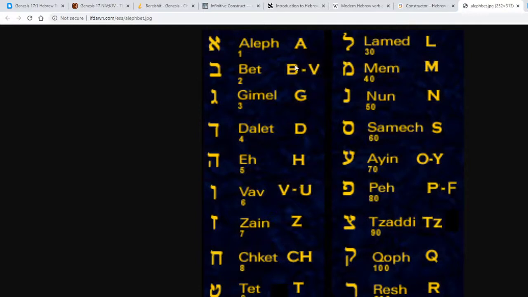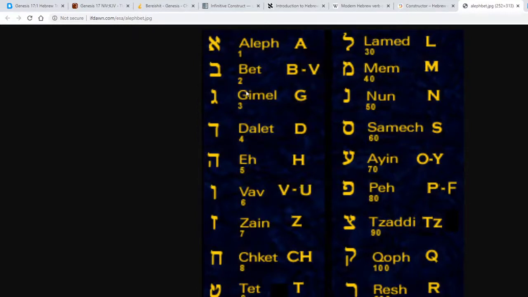Because that bet changes into a vet based on where it is in the sentence. And so bet and vet are the same radical, the same consonant, but they're sometimes said differently. If you're keeping track, I recommend just sticking with the bet, if you're trying to romanize the various roots for yourself, so you can keep track of them.